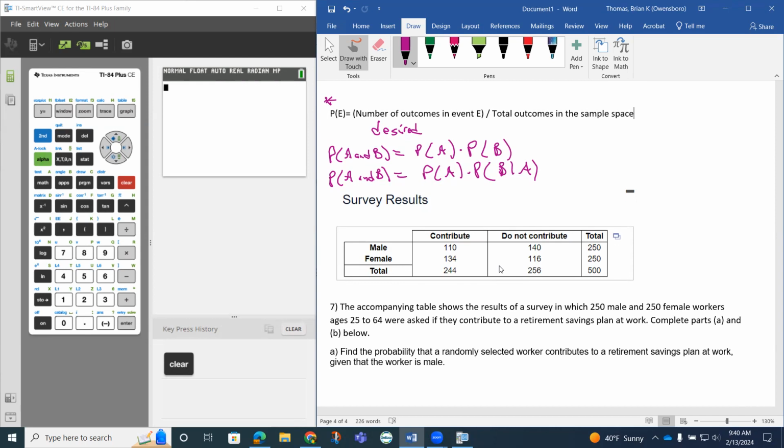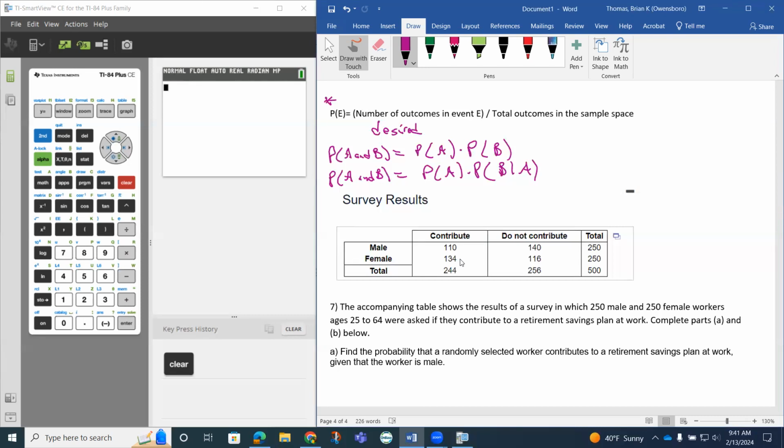So we have a table given to us. The question says the accompanying table shows the results of a survey in which 250 male and 250 female workers ages 25 to 65 were asked if they contribute to a retirement savings plan at work. Complete parts A and B. If you notice here, males: 110 contribute, 140 do not contribute, for a total of 250 males.